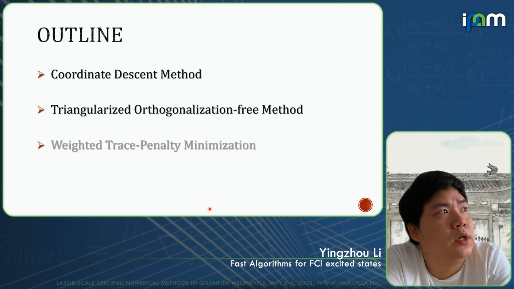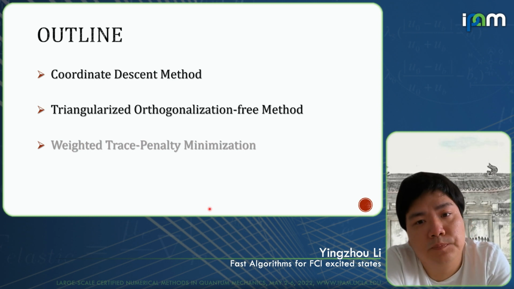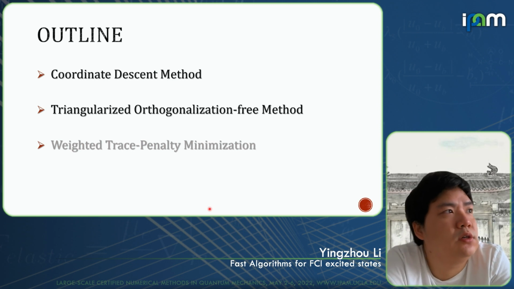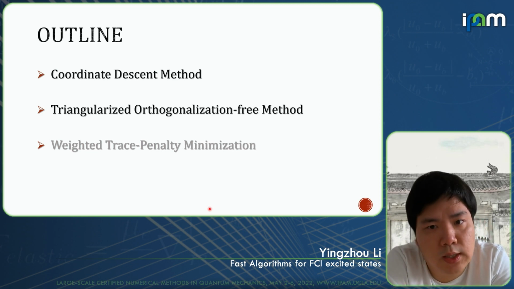One is in the coordinate descent family, the coordinate descent method for excited states calculation. Towards the end of that, we will show some drawbacks of that method, which motivate us to develop the next method, the triangularized orthogonalization-free method.